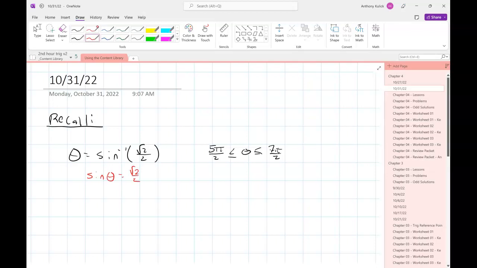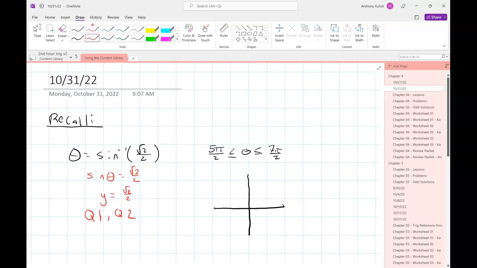First, we wanted to figure out what quadrant we should be looking for our answer in on the unit circle. On the unit circle, sine is equal to y, and the y's are positive in quadrant 1 and quadrant 2. Next, we look at what quadrants fall between 5 pi over 2 and 7 pi over 2.